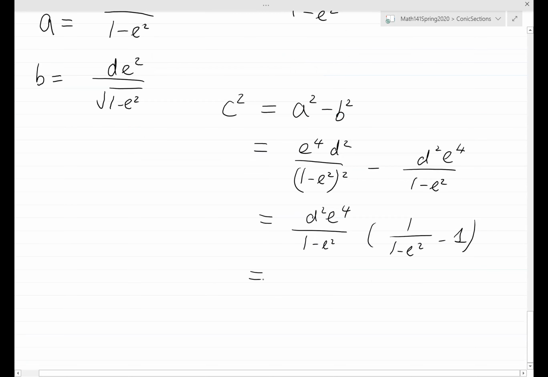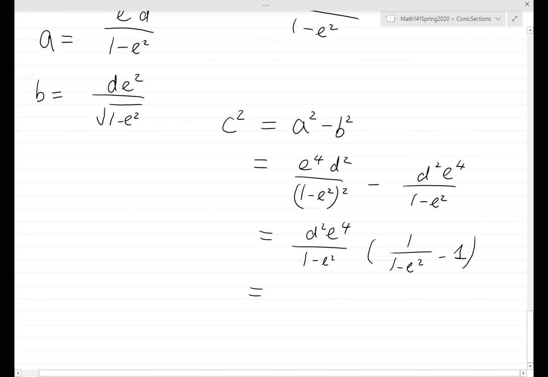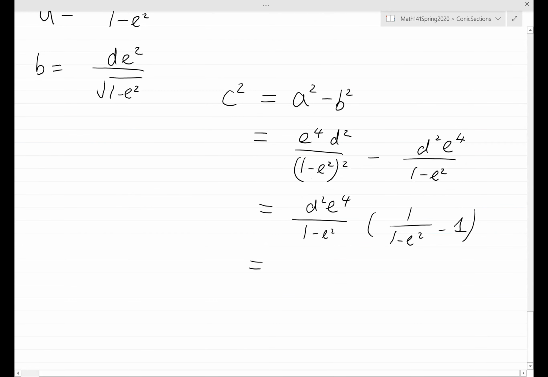What do we get? Wait a second. So what we get is d squared e to the 4 over (y minus e squared).